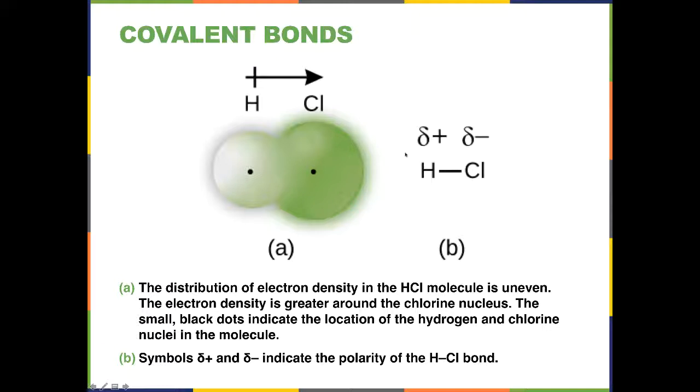This is what is meant by a polarity or a polar bond. And so hydrochloric acid, which is what this is, would be seen as a polar molecule, and a solution of this would be seen as a quote-unquote polar solvent. And so when I spoke about water being a polar solvent, it has the same sort of situation as the hydrochloric acid.